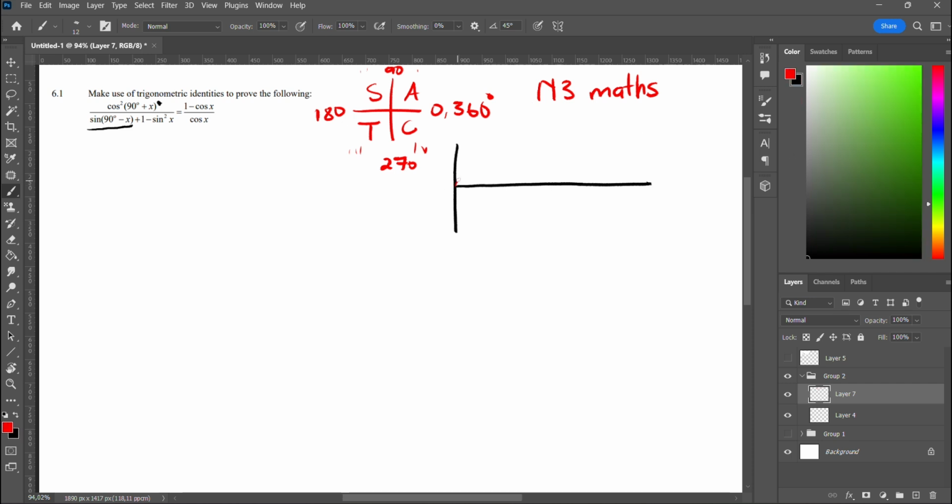So if we have a nice sine wave here, and we then have, I don't understand this Photoshop. So here it peaks at 90 degrees.